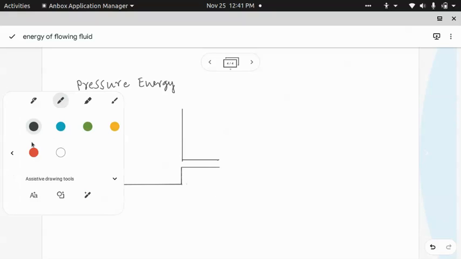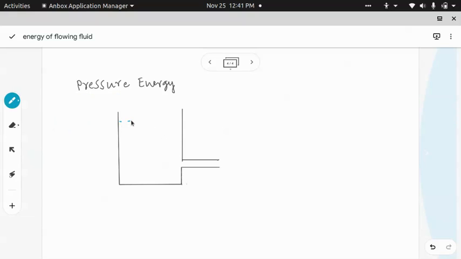I will draw the liquid in another color. So by this side it is fitted with a piston. This is suppose a piston.